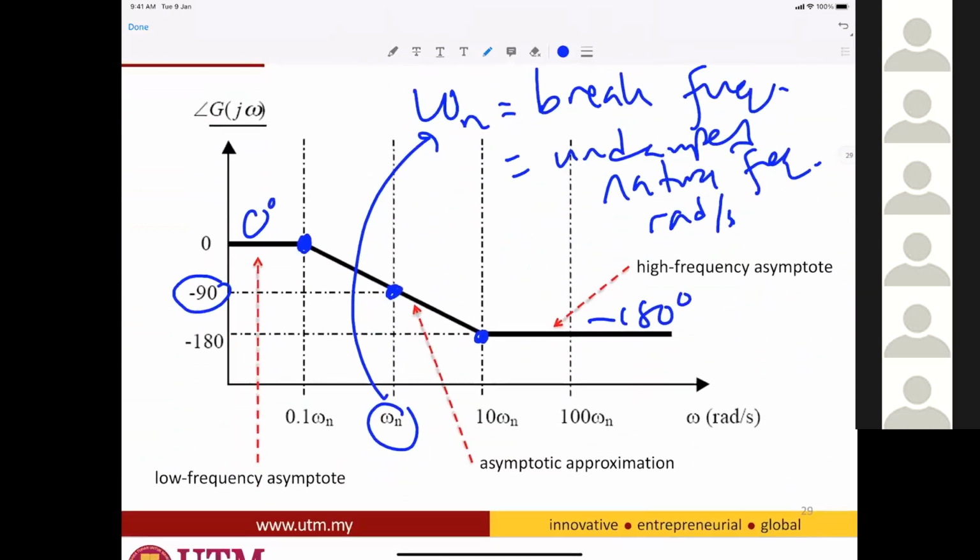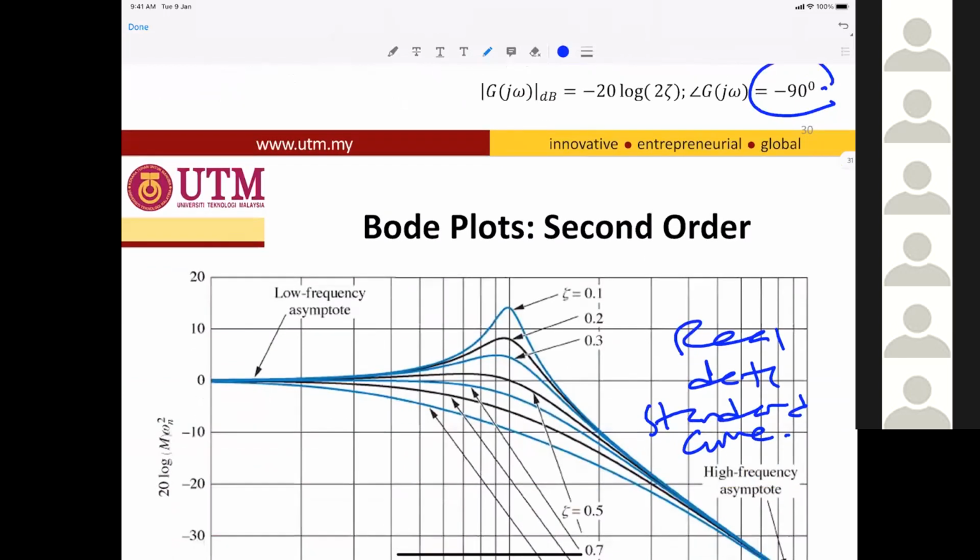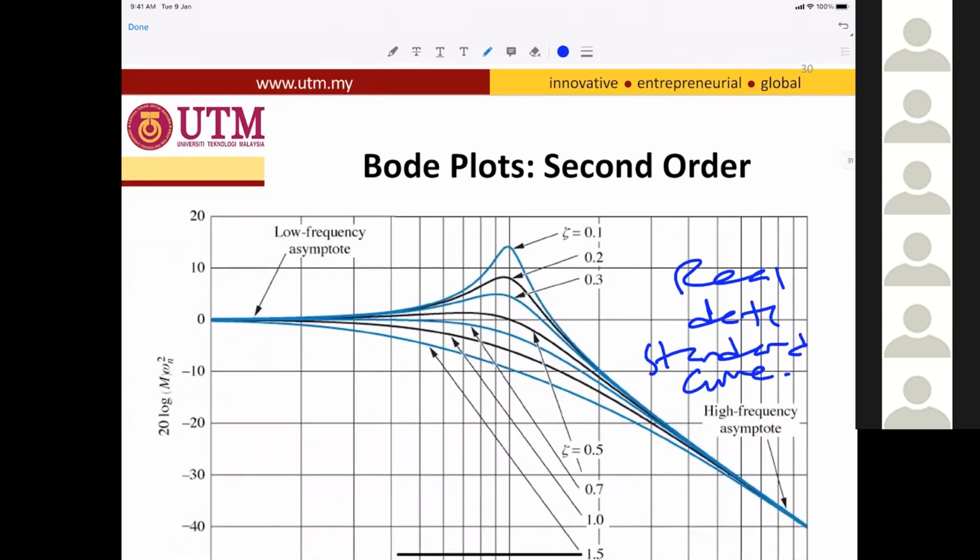But if you use a computer and you vary the zeta, what is zeta?